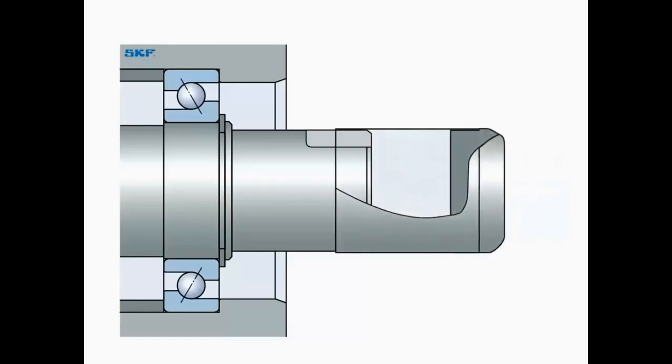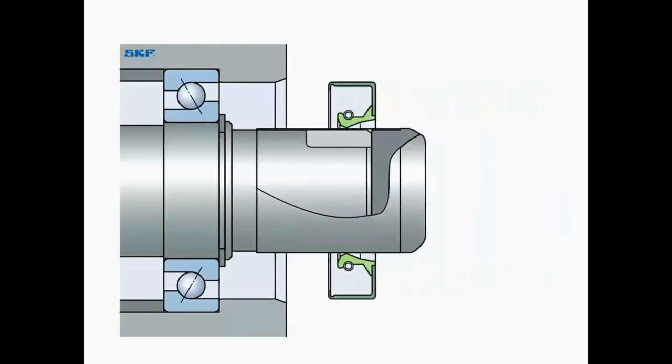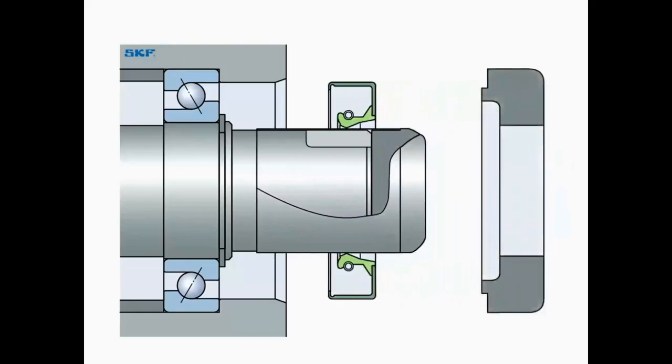To install an oil seal on a shaft that protrudes a long way out, you can use special tools from the oil seal manufacturer.